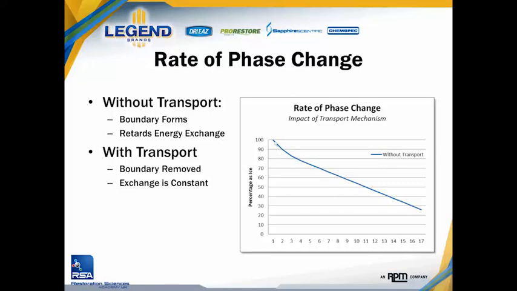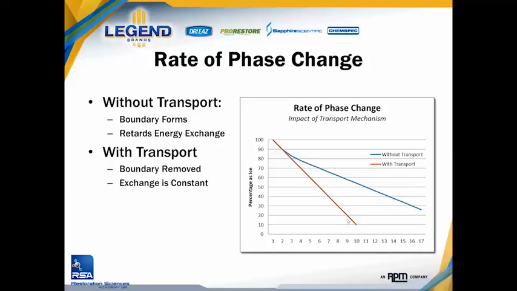If I provide no flow and no transport within the bucket, you can see that my melting rate is fast initially, but then it begins to slow down. The reason it's slowing down is because we're forming that cooler water around the outside surface of the ice cube. Now if I add flow into the process and constantly supply warm water to the surface of the ice cube, you can see what happens to my rate of phase change.